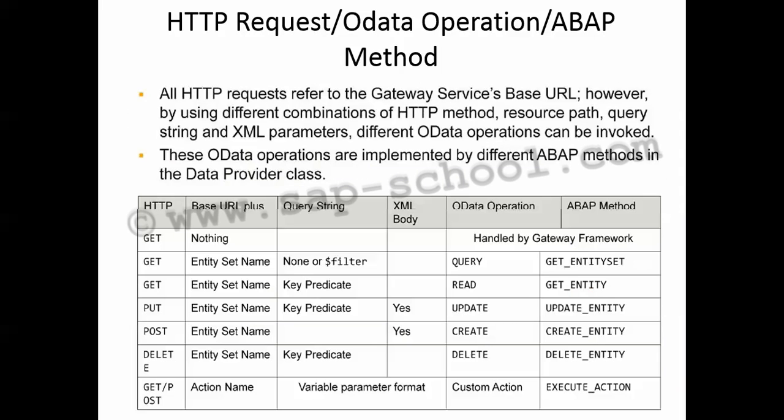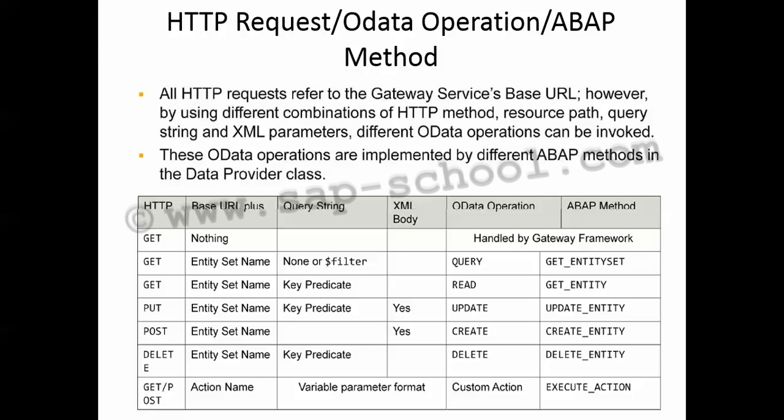After that, we have the HTTP request, OData operations, and the ABAP methods. All the HTTP requests refer to the gateway service's base URL. However, by using different combinations of HTTP method, resource path, query string, and XML parameters, different OData operations can be invoked.